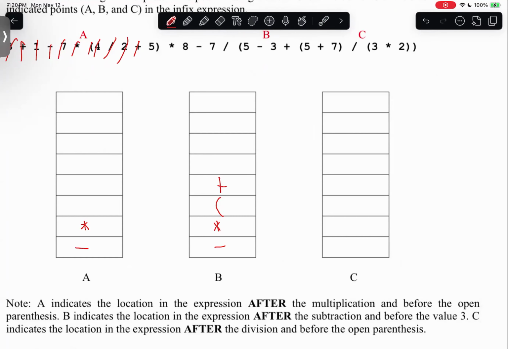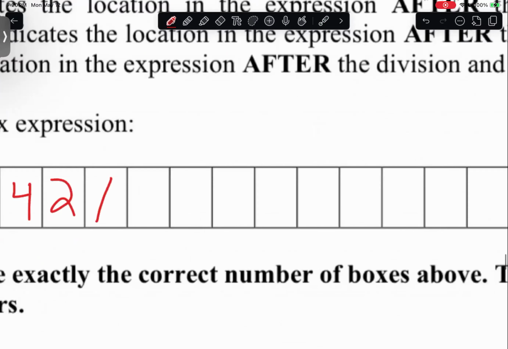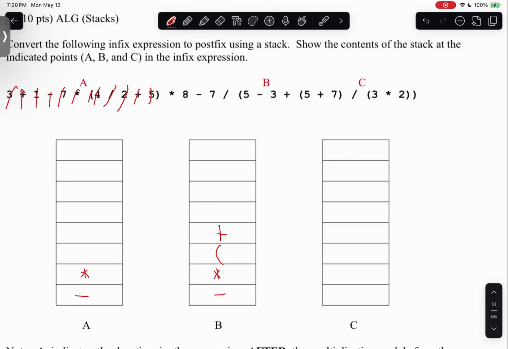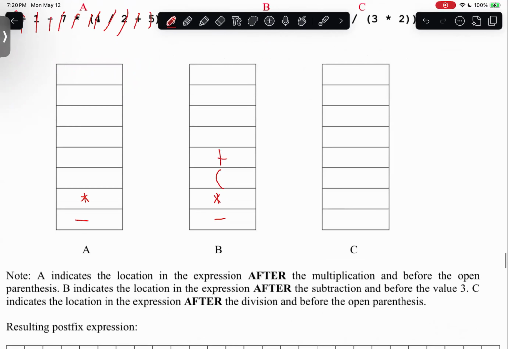Okay. 5, postfix, no questions asked. Okay, right parenthesis. Whenever you encounter a right parenthesis, you just pop everything in the stack until you hit a left parenthesis. And then you take out the left parenthesis as well. So in this case, there's just the plus.